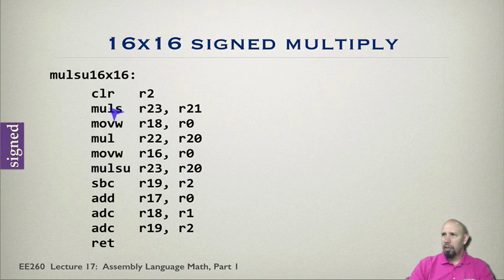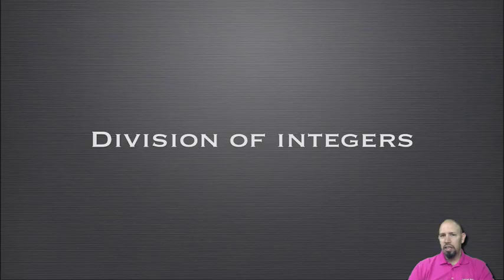We can see that we have a muls, a mulsu, so we have a number of things going on here: a mul signed, a mul unsigned, and a mul mixed multiplication. So we have all three of those multiplications going on in this particular subroutine. So that's the multiplication. We've done addition, multiplication, subtraction. Now we move on to division.